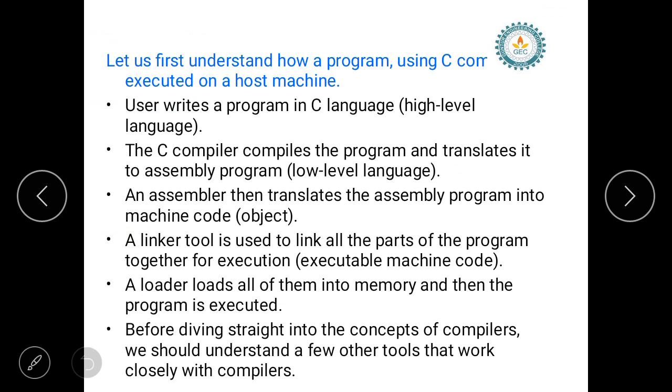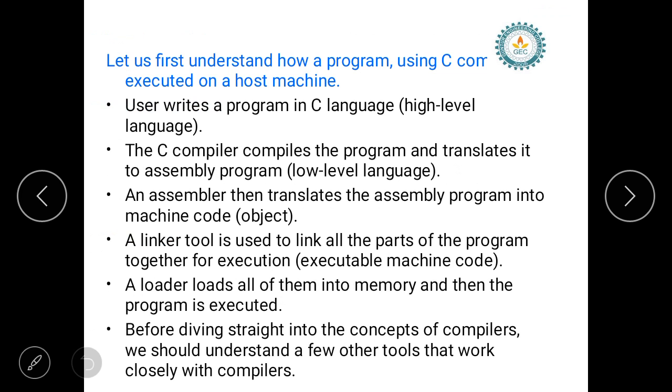Let us first understand how a program executes using C commands on a host machine. The user writes a program in C language, that is a high level language. The C compiler compiles the program and translates it to an assembly program, that is a low level language. An assembler translates the assembly program into machine code.